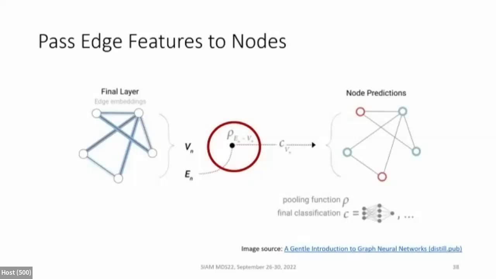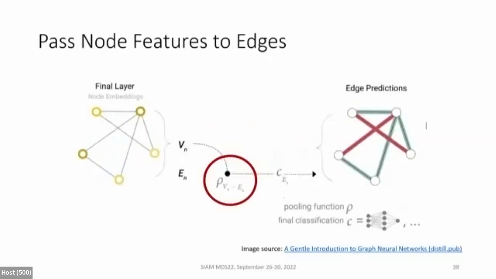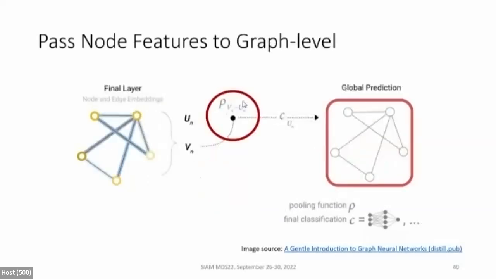And by using message passing, we can send the edge information and pass it to the nodes for the final classification. As I mentioned, this can be done from the edges to the nodes, from the nodes to the edges as well. And we can also do it from the nodes in order to do the graph level classification.